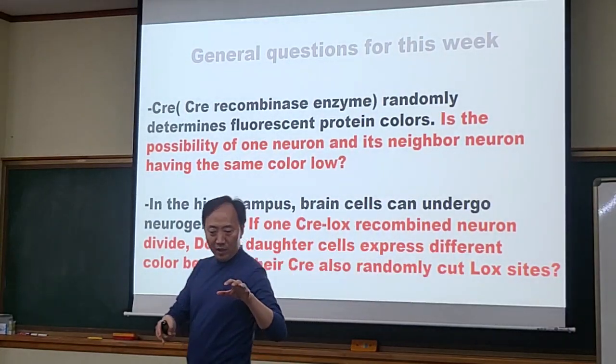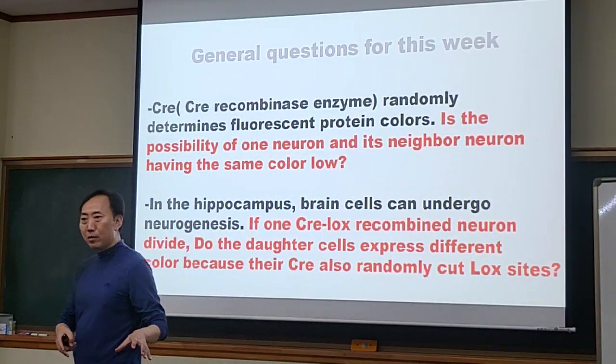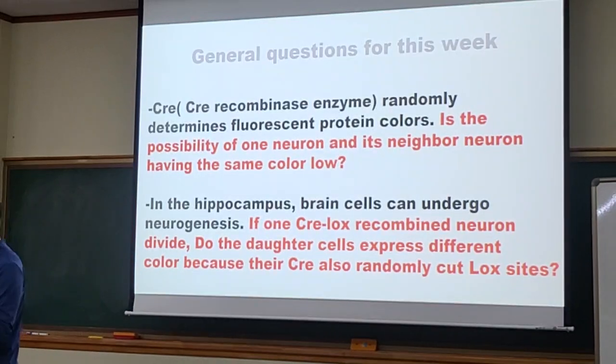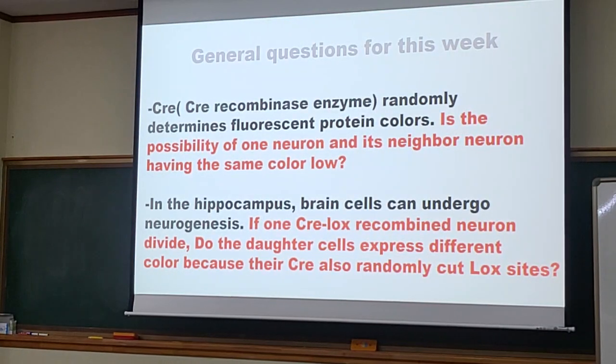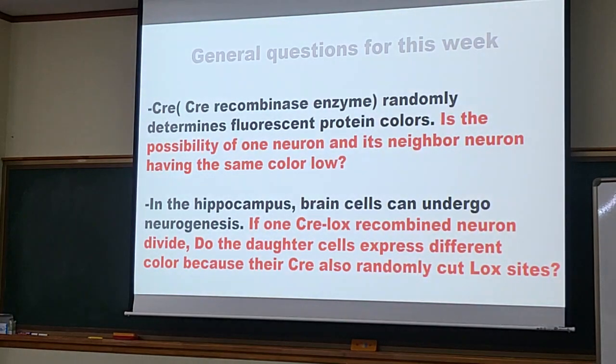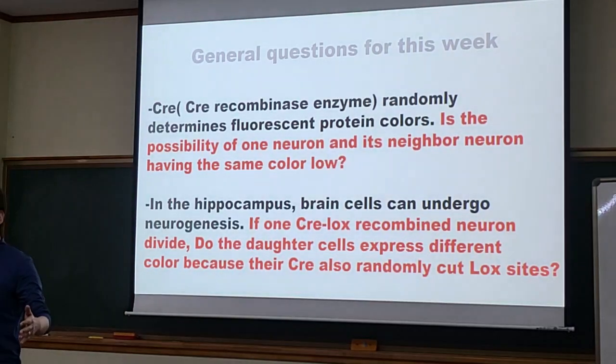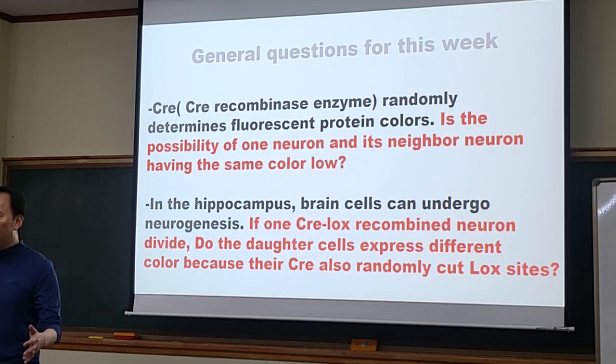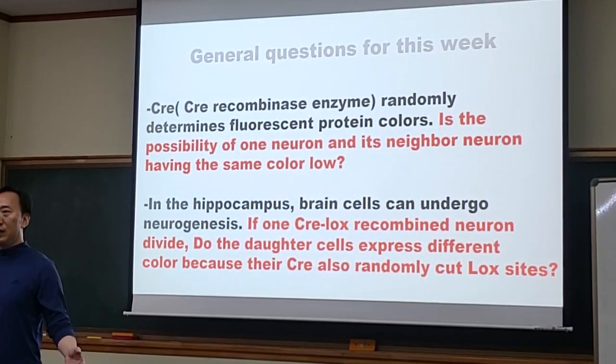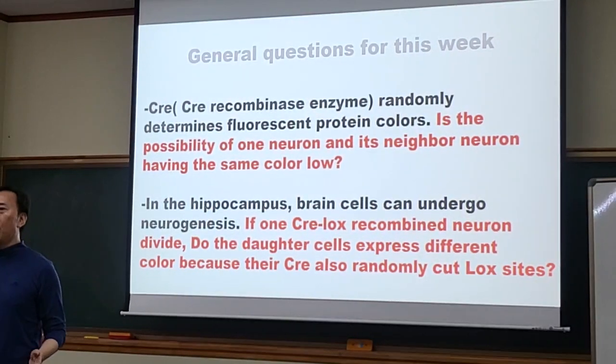If you have BFP blue, CFP cyan, GFP green, YFP yellow, RFP red, let's say 5 different genes, they can randomly cut and reconnect and generate combinations. If you have 5 genes and random combinations, how many options do you have? Let's just say it's linear computation. How many options do you have?